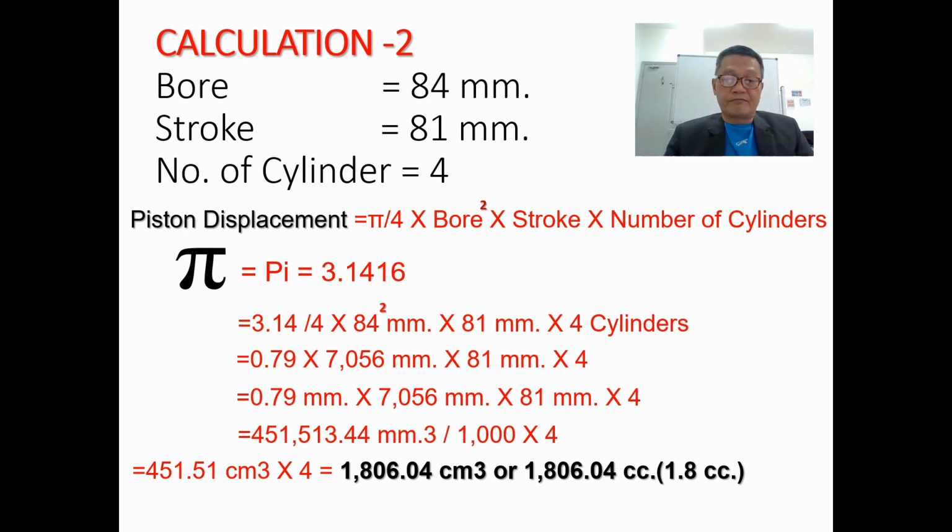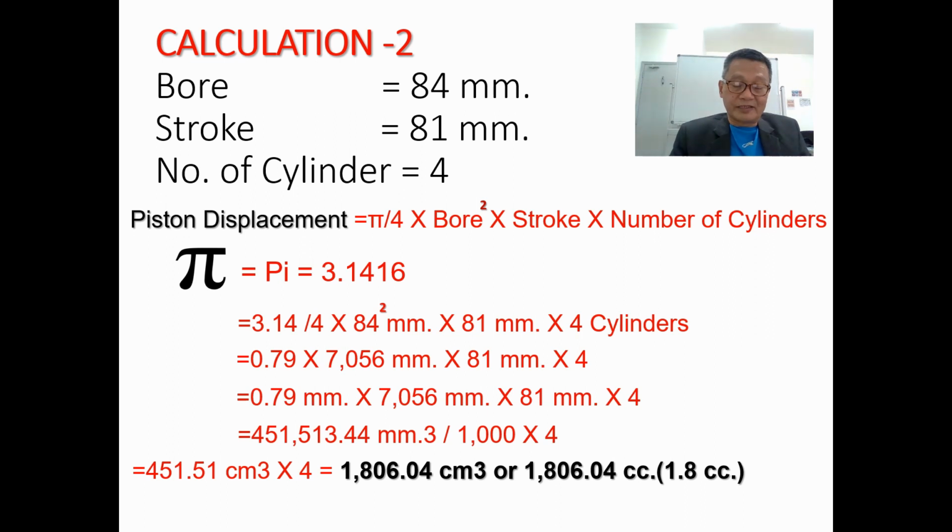Again, based on the formula, 84 times 84 is 7,056 square millimeters. Then we multiply 0.79 times 7,056 times 81 millimeters times 4, so we have 451,513.44 cubic millimeters. Since this is in cubic millimeters, just divide it by 1000, then you have 451.51.